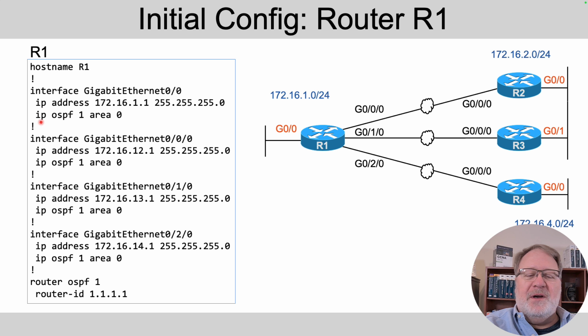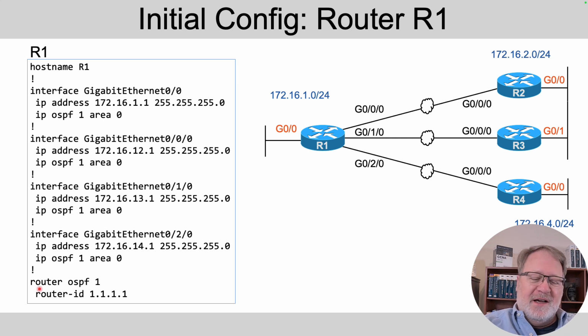The IP OSPF 1 command enables OSPF tied to OSPF process 1, which is shown at the bottom of the page. All right. So all 4 interfaces enabled for OSPF tied to this OSPF process. And by the way, all those IP OSPF 1 commands end in area 0, placing those interfaces in area 0.